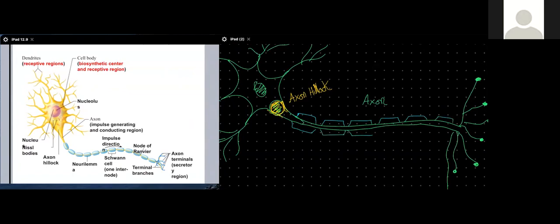And the cells responsible for the formation of the myelin sheath surrounding the axons in the peripheral nervous system are my Schwann cells. So here, those are the Schwann cells surrounding the axon of my nerve cells by the myelin sheath.